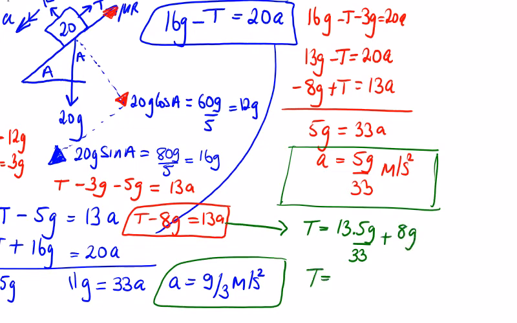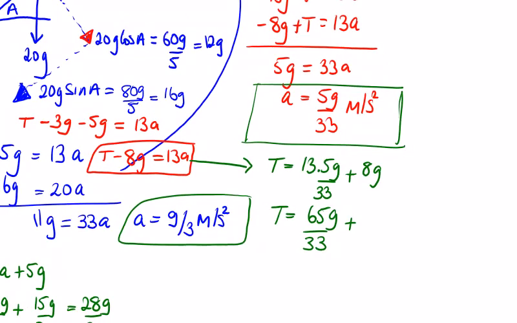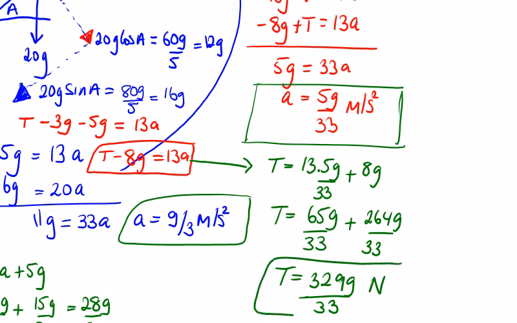So the tension is going to be 65G over 33 plus, well, 8 times 33 is 264, 264G over 33. So the tension is going to be 329G over 33. That looks a bit funny. Okay, that's what we've got. It looks like we've no mistakes there if we check back over our work.